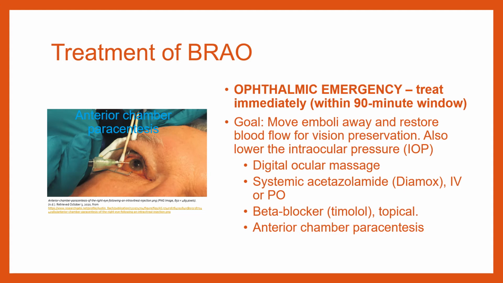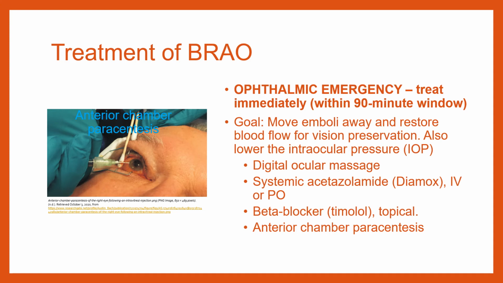This can be given IV or per oral. A beta blocker, like timolol, can lower the intraocular pressure as well, and it's usually given topically as 0.5%, one drop every 15 minutes, and repeating as necessary.